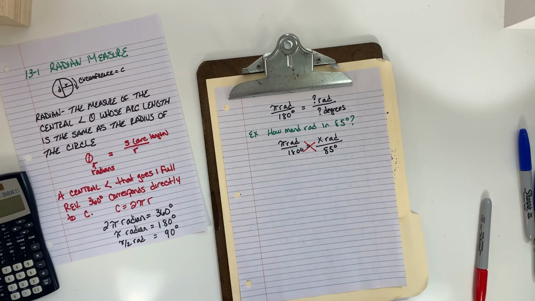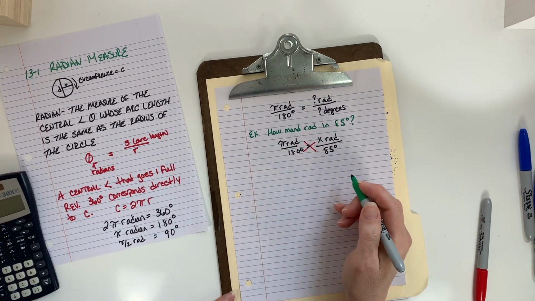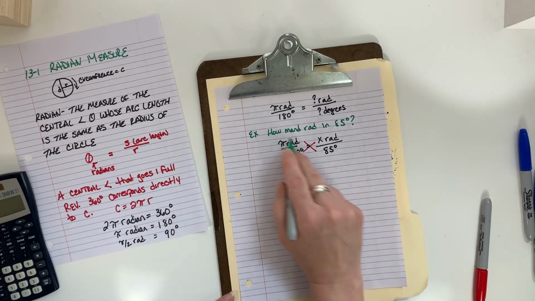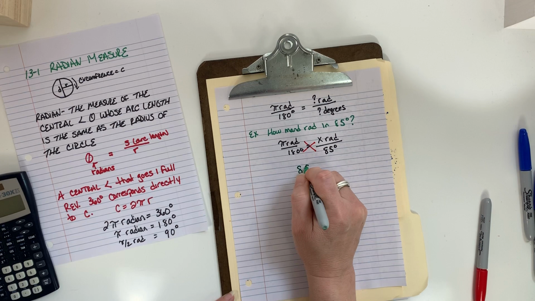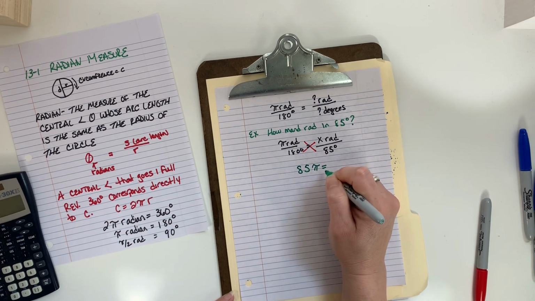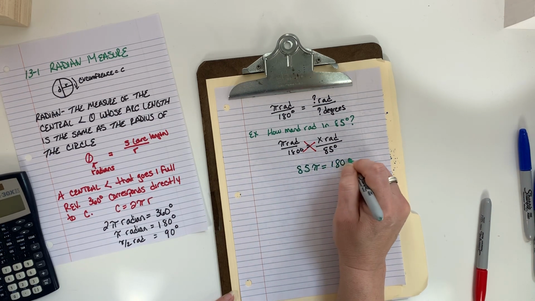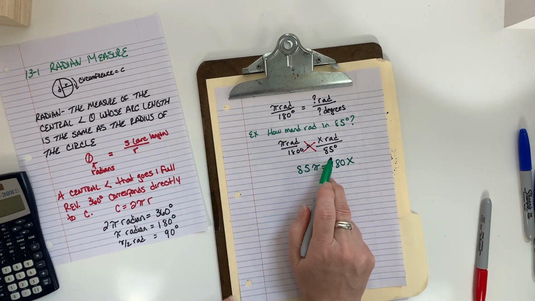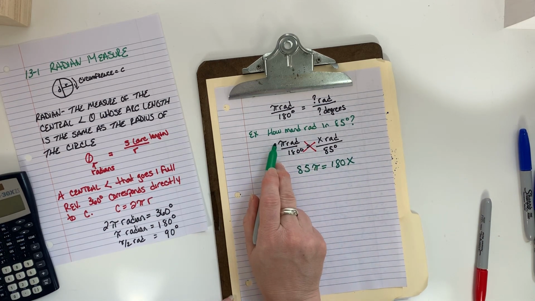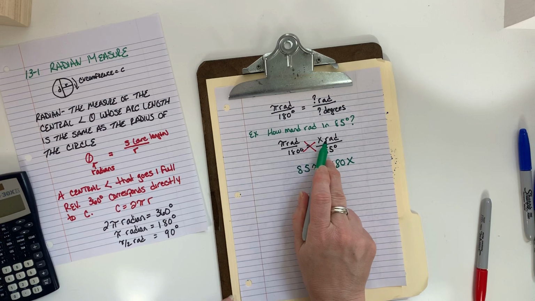So when we cross multiply, you're going to get 85 pi is equal to 180x. All I did was cross multiply. 85 pi is equal to 180x.